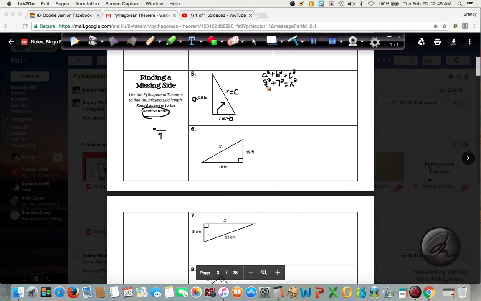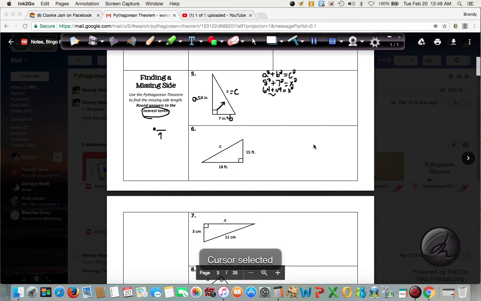Now we get to do some math. 8 squared is 64. So this is similar to what you just finished doing up top. 7 squared is 49. And we still don't know X, so we're going to put X squared. Add your two sides together.